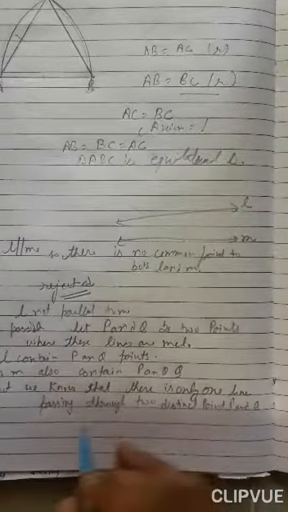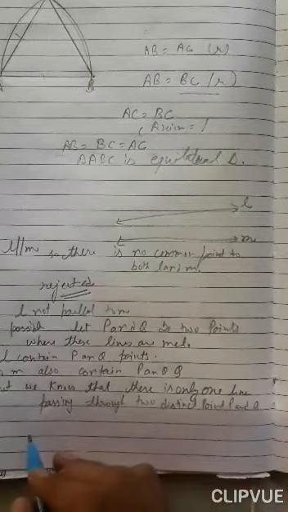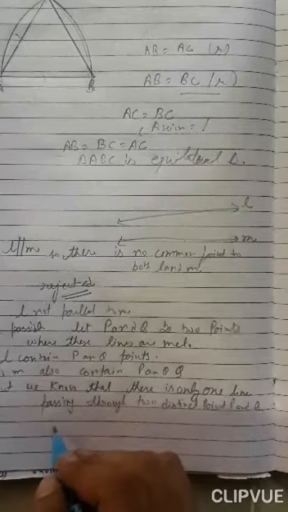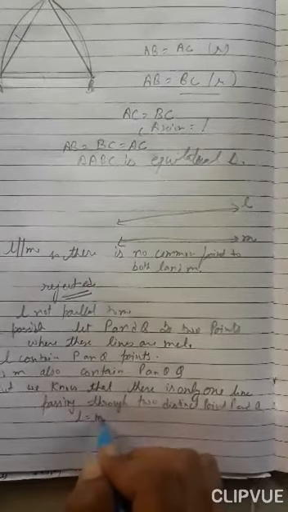So there is one line which can pass through P and Q. It means L equal to M.